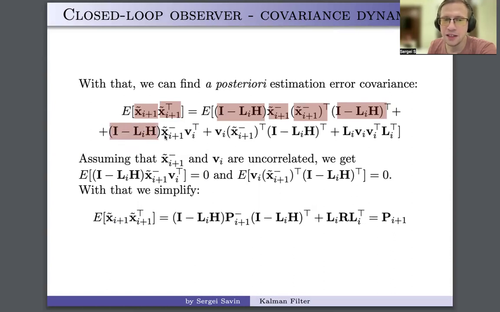Plus I minus LH a priori times V transpose, plus V times a priori transpose times I minus LH transpose, plus L V V transpose times L transpose.